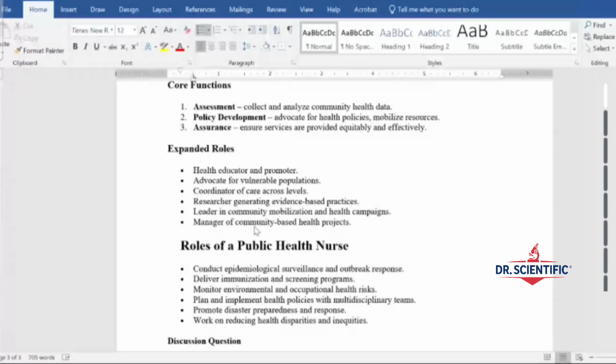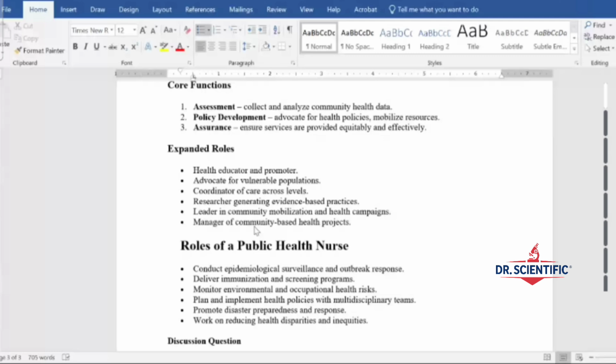I know you know what assessment is. You have learned about the nursing process, so I won't dwell on that so much because you have done it in medical surgical nursing: assessment, nursing diagnosis, planning, intervention and evaluation. It is just application when it comes to community health nursing.